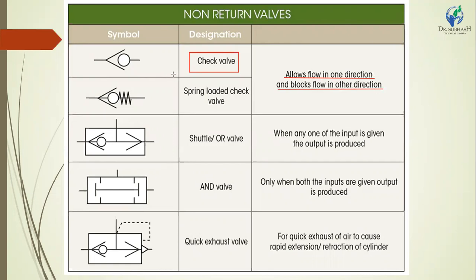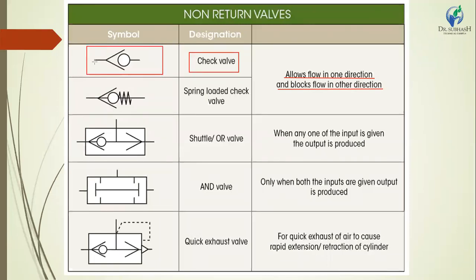This check valve allows flow in one direction and blocks flow in the other direction. Only flow in one direction is possible. If the flow comes back in the pipe, the valve is closed and does not allow flow in the return or back side. This is the symbol for the check valve.